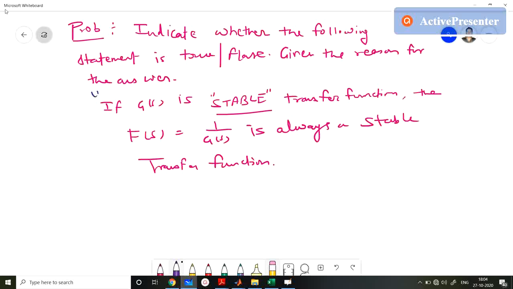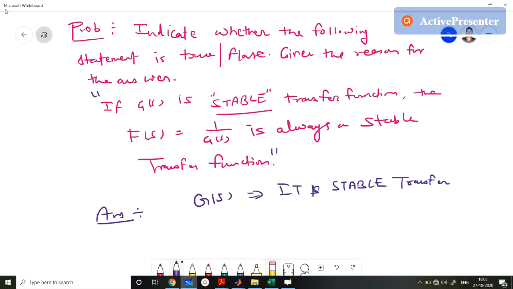So basically we need to verify this statement. G(s) is given to be a stable transfer function.